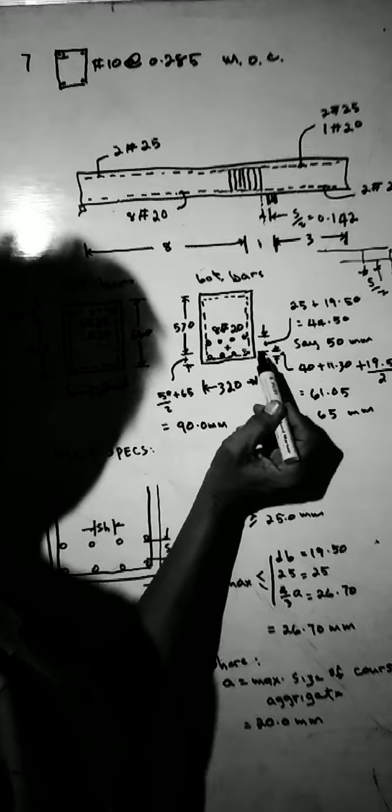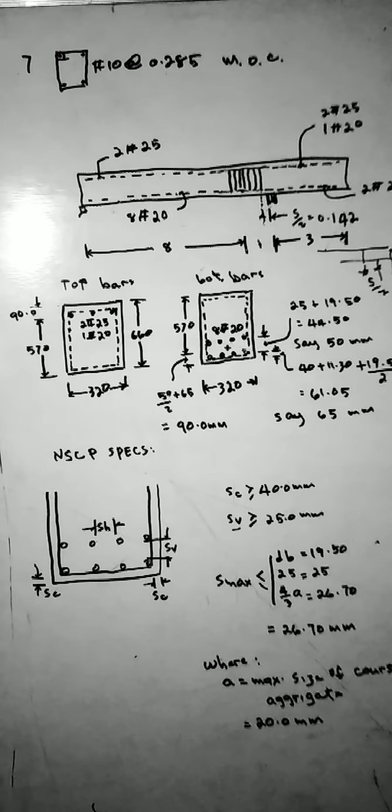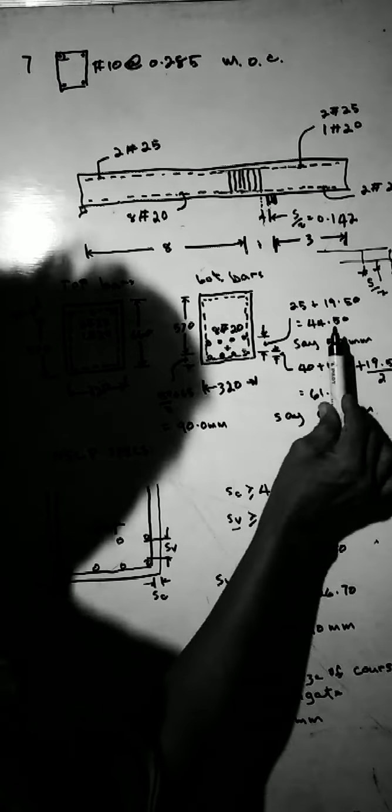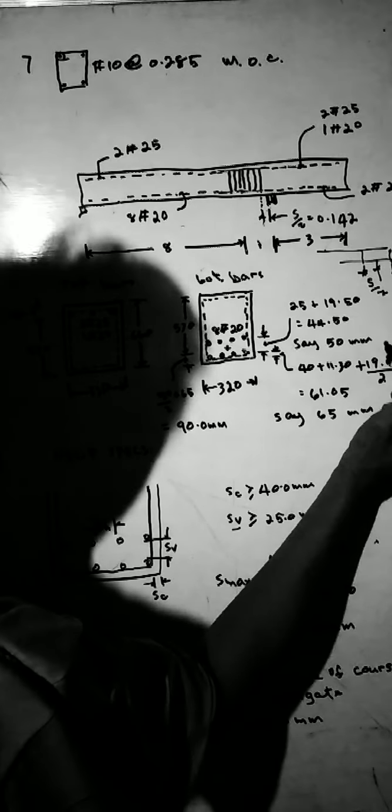And the spacing between the two layers of bars is computed to 25. That is this spacing plus the diameter of the steel bar, 1/2 of the diameter of this plus 1/2 of the diameter of this equals 1 bar diameter, which is 19.5. So we have this one, say 50.